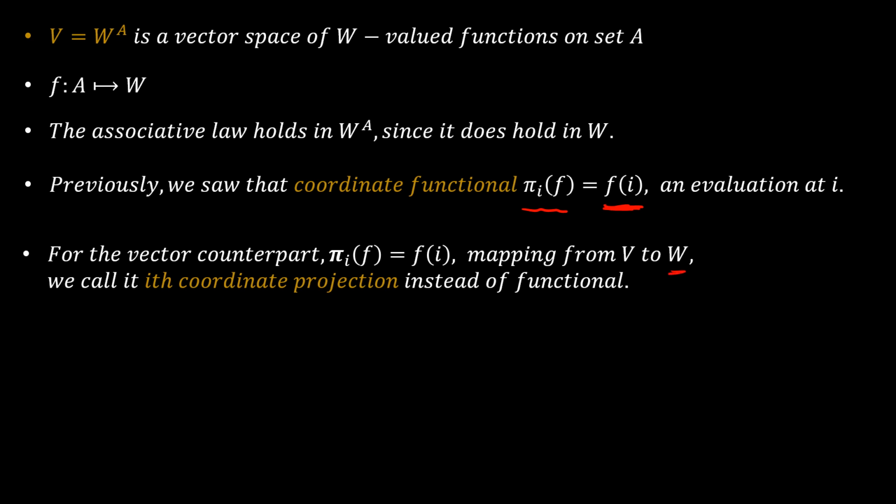We call it the ith coordinate projection instead of functional. It's just a terminology thing: for functionals, it is a coordinate functional; for the vector counterpart, where the output is a vector, we call it a coordinate projection.